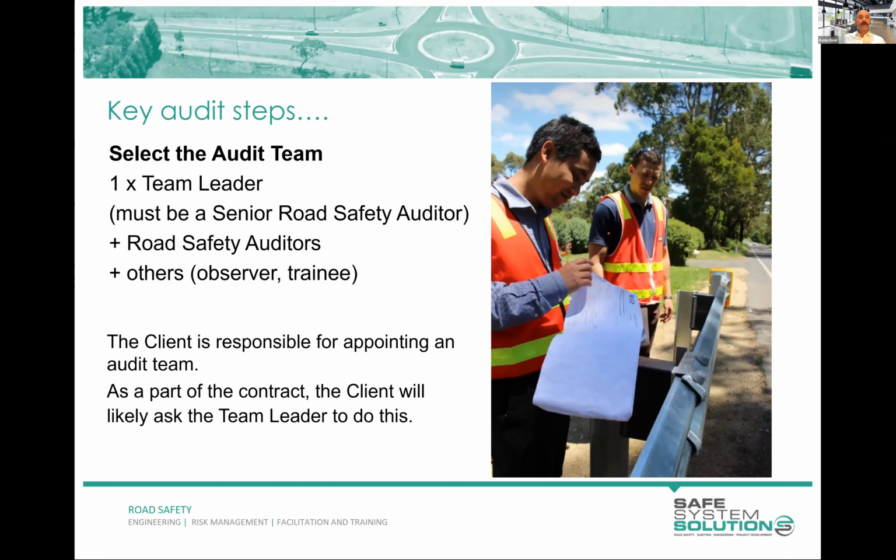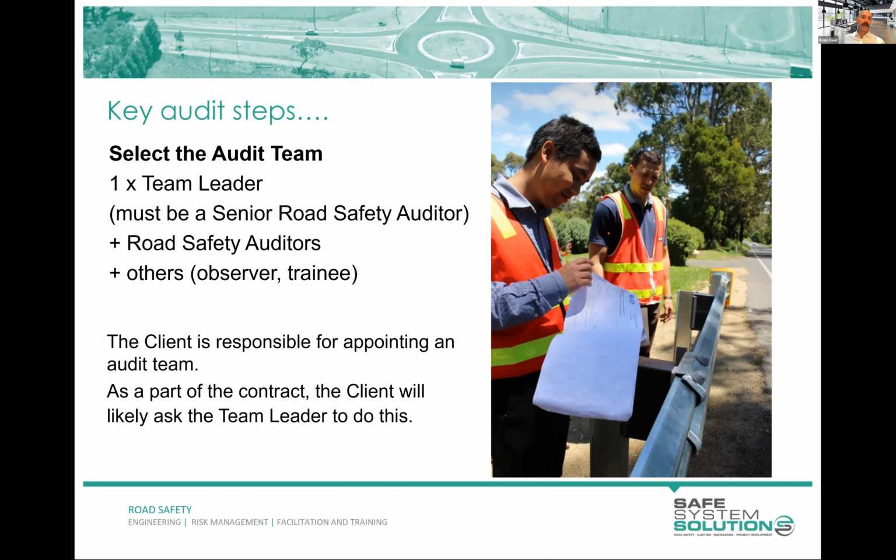So what we have is the selection of the audit team. There is a team leader appointed. In New South Wales, you have specific team leader course requirements, and you have level 3 road safety auditors on your register. They're the senior auditors who can lead the audit.